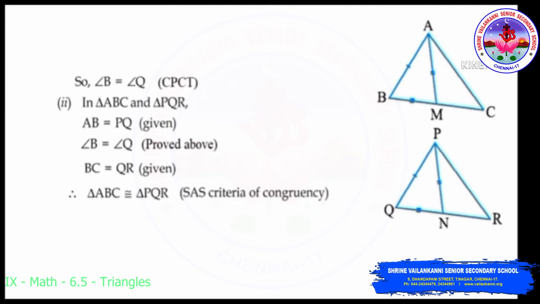Triangle ABM is congruent to triangle PQN, so my angle B is equal to angle Q by CPCT, and third, BC is equal to QR. Triangle ABC is congruent to triangle PQR by the SAS congruence criteria.